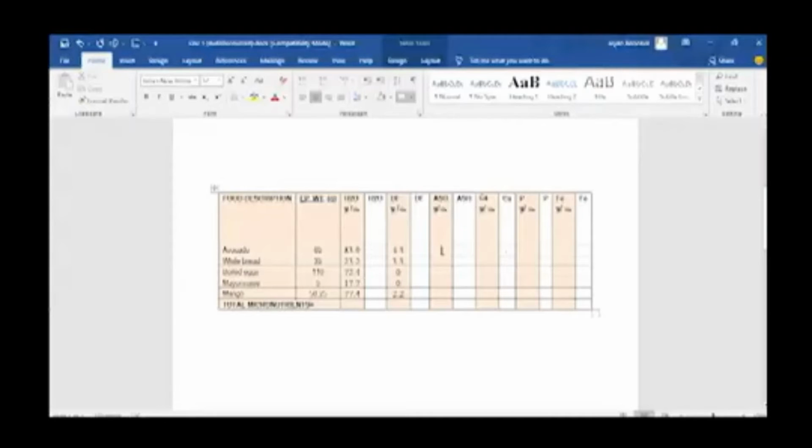For ash, we have 0.6, 6.8, 1, 1.4, and 0.4 for mango.